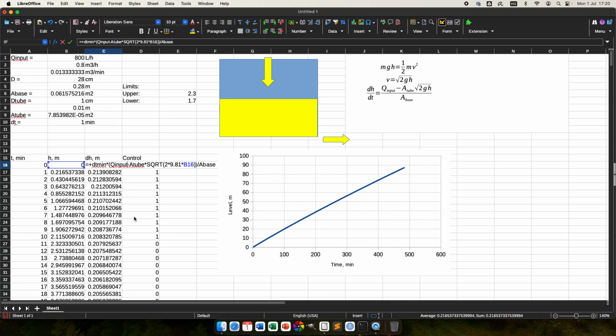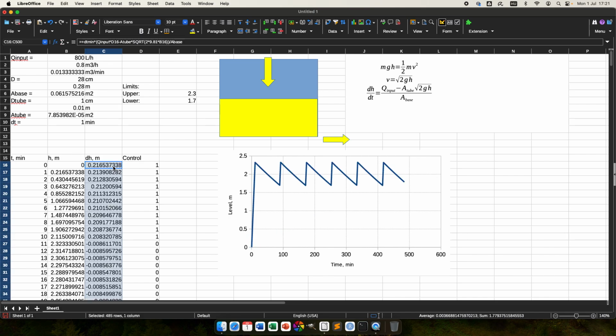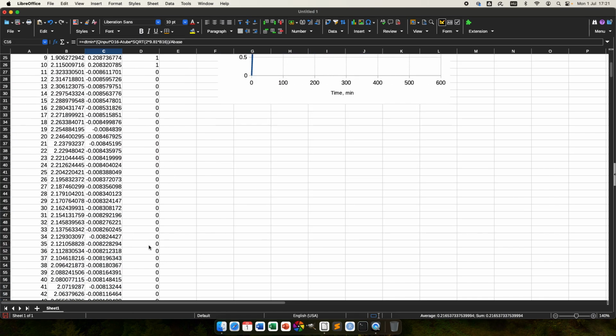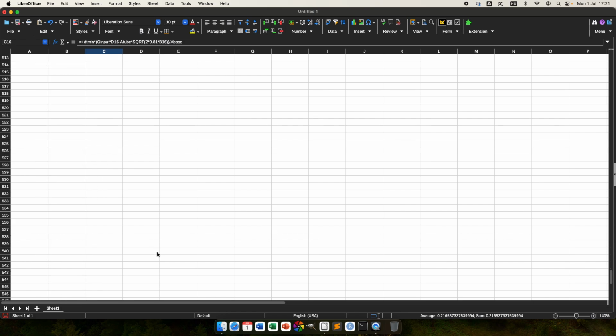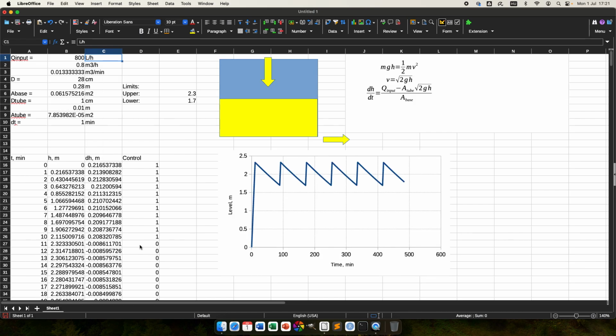Now, if I want it to work in my equation, I have to modify it. The input stream will be multiplied by the control value, which is in column D. Unfortunately, now it is covered by the equation. So D and 16. And now, if I change it, you can see how it is working. You can see the controller is turned on and off. This is the water level change, and this is the height.